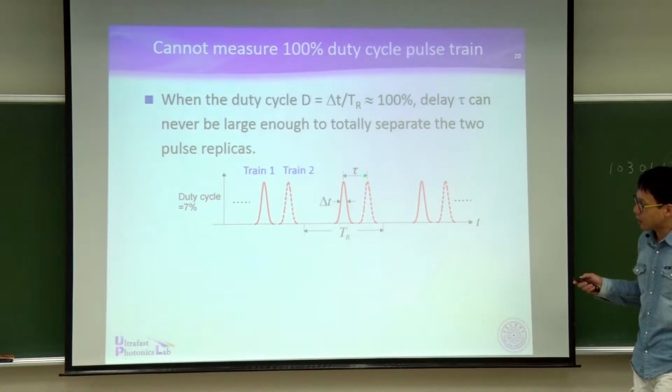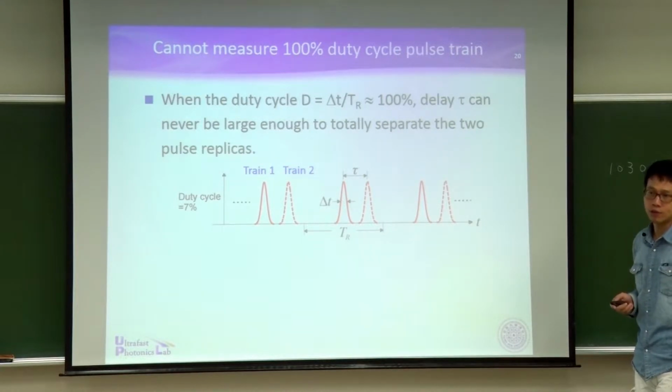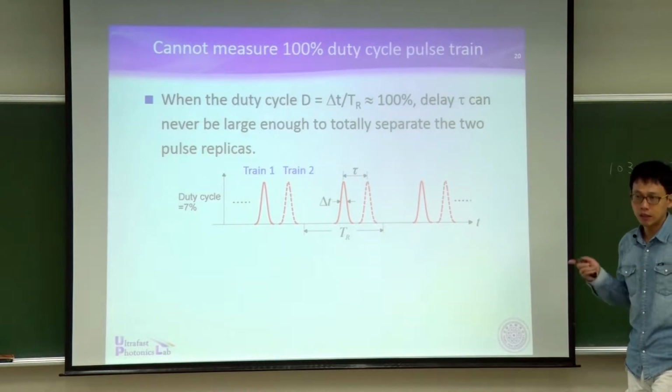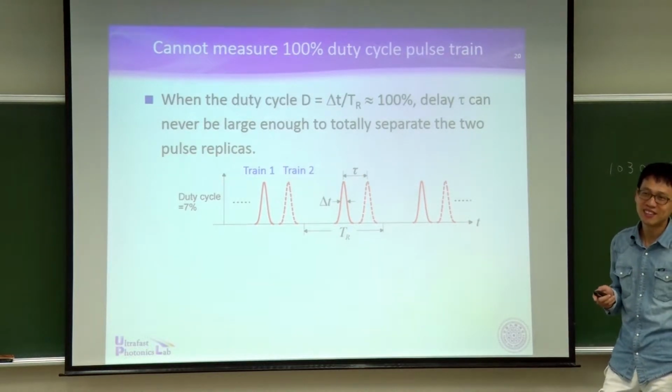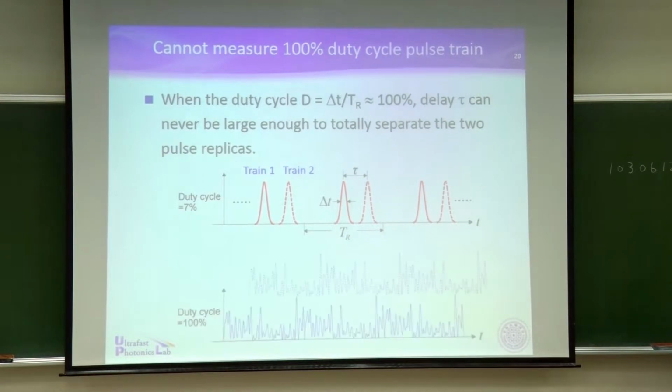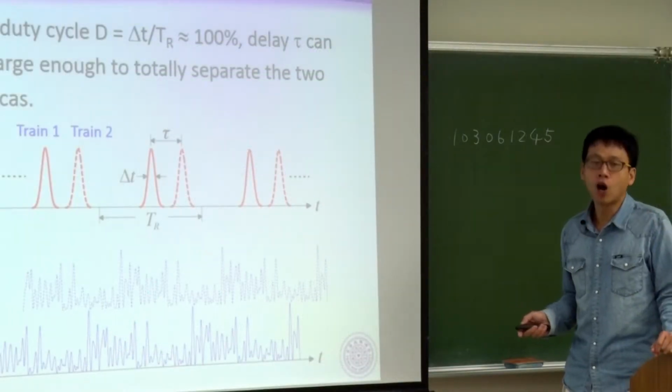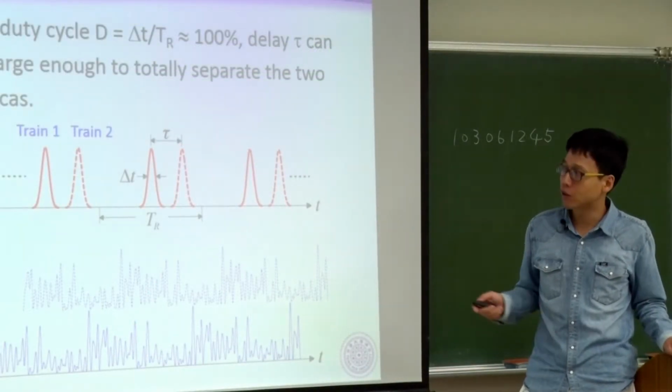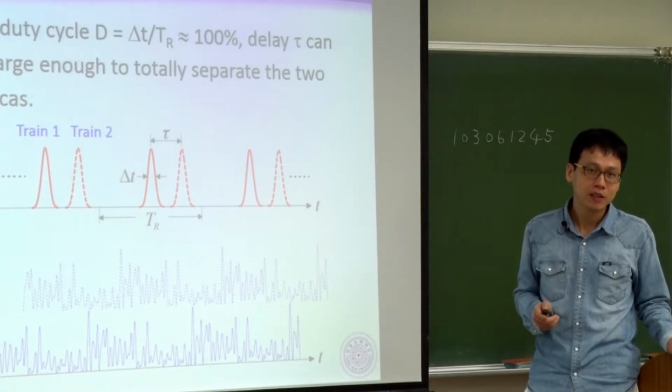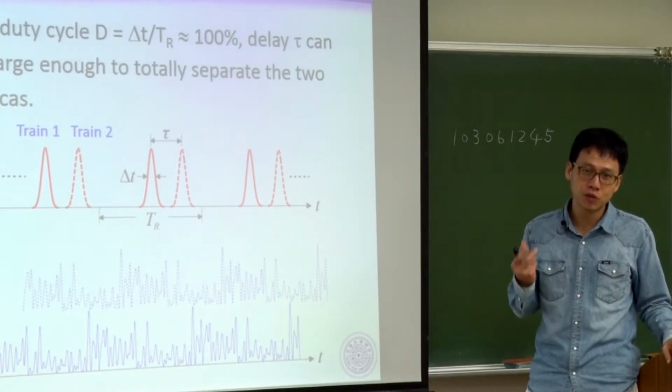So you can see it's possible that you can introduce a delay tau which is big enough such that train 1 and train 2 are totally separated, just like this figure. And we do need total separation in field autocorrelation measurement. When your duty cycle becomes 100%, it looks like this. Train 1, train 2 are always overlapped. You can never create something like this. Then you can never get a full field autocorrelation trace.